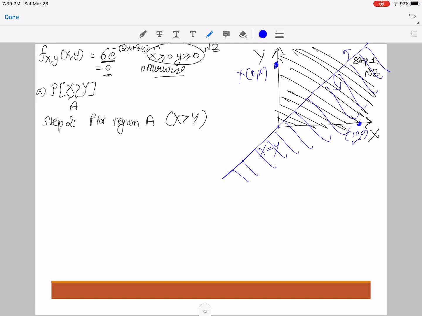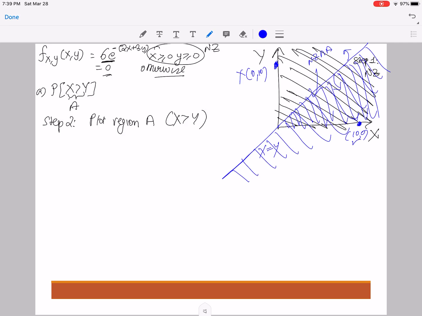In the same step, I also need to find the intersection between NZ and region A. The intersection region here will be that region where you see both the blue lines as well as the black lines, which happens to be this one right here. So that's the region of intersection between A and NZ. That triangle is going to give me the limits of integration.